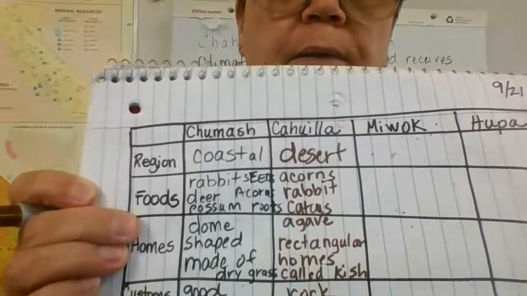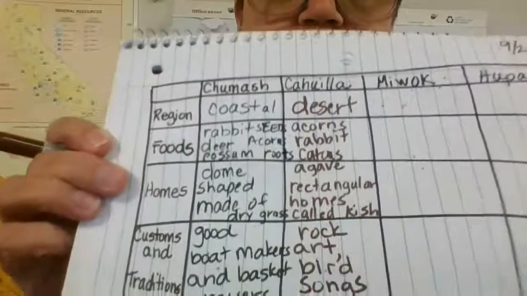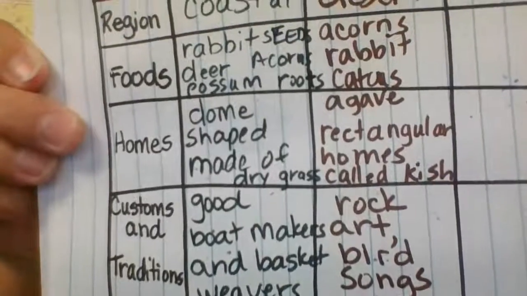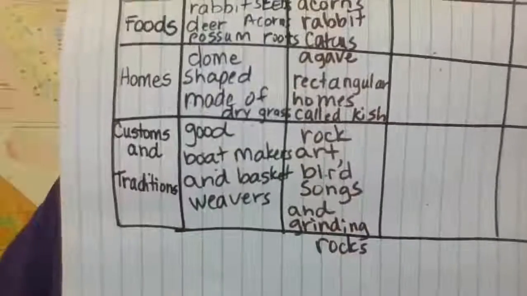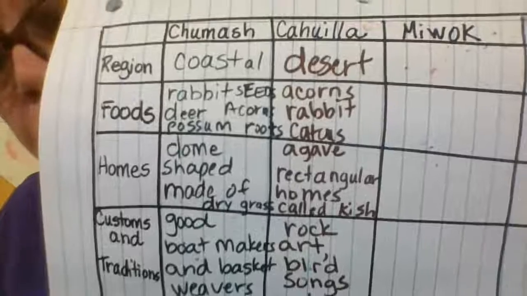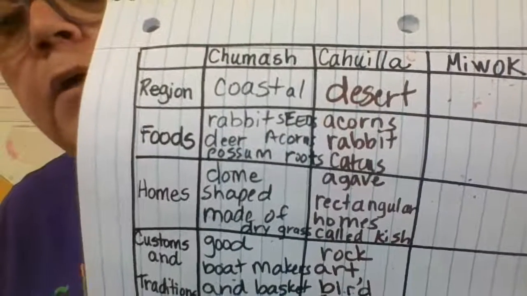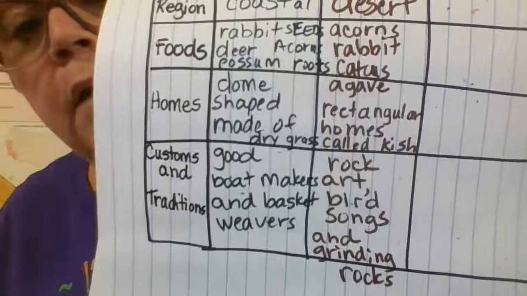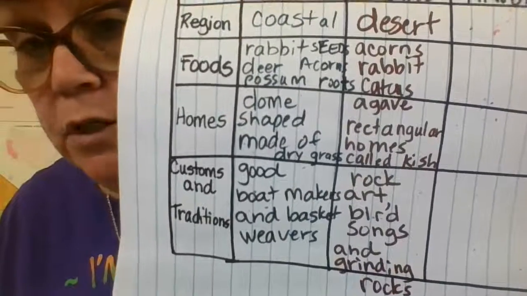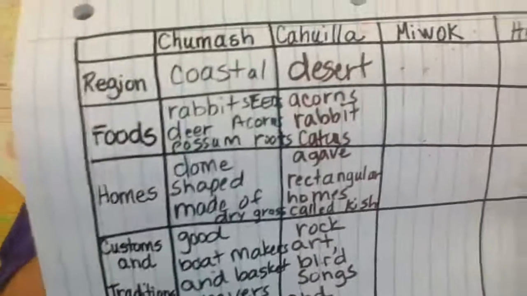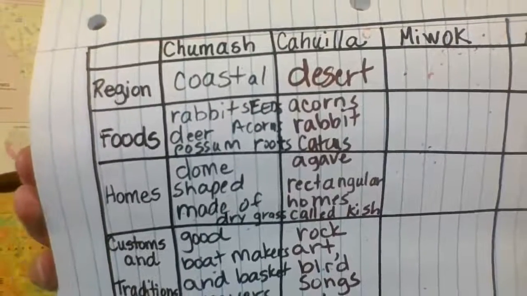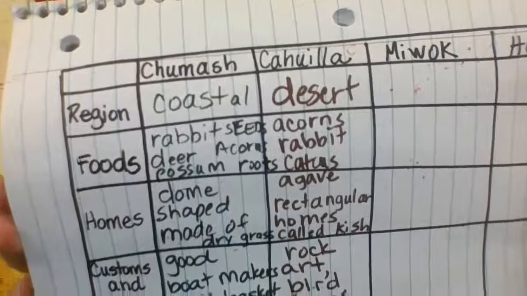Okay, but now you can see the difference between the two Native American tribes that we have learned so far, which are the Chumash and the Chahuilla. Okay, this information is very important because when we fill this all in and we have finished talking about the Native Americans, there will be a quiz on these.